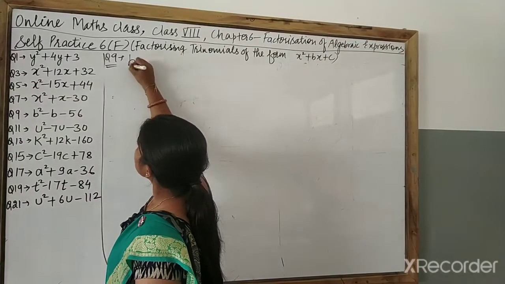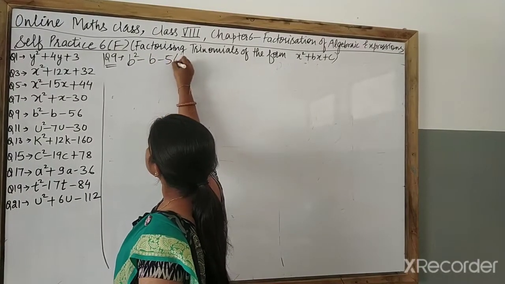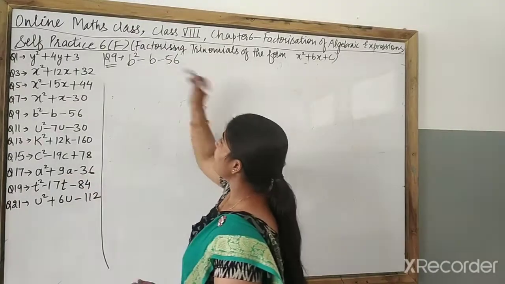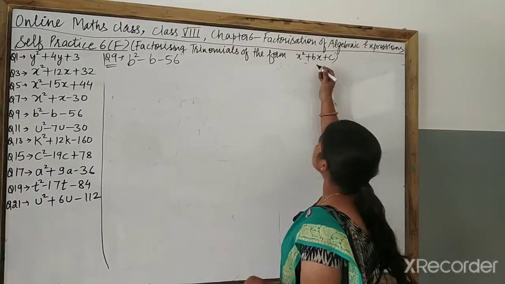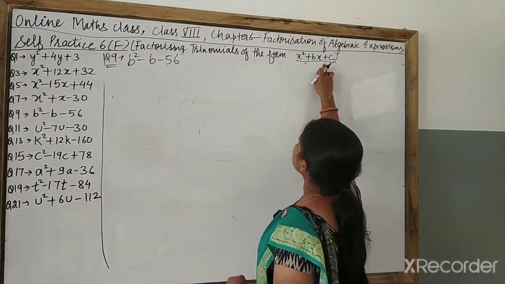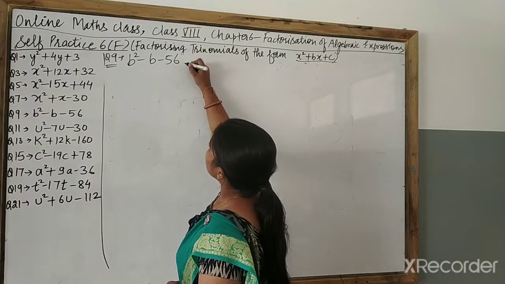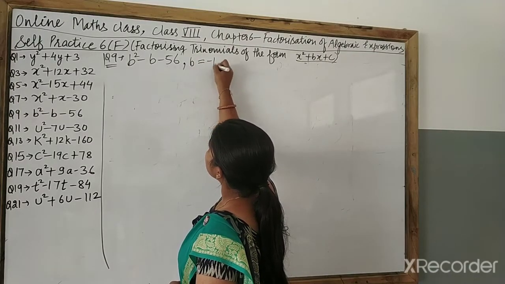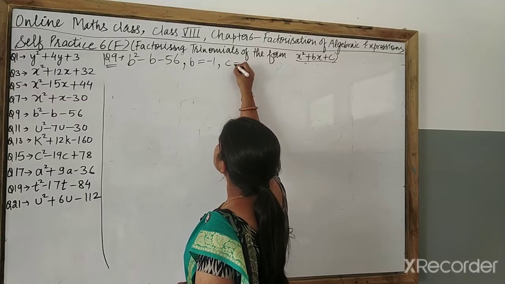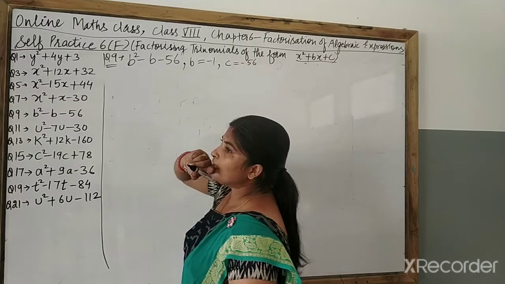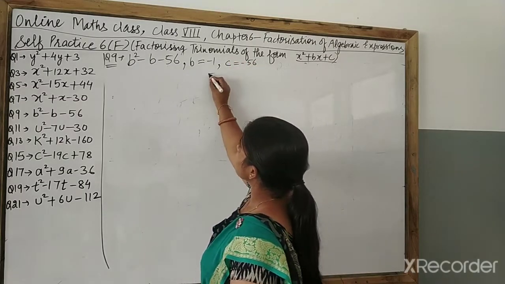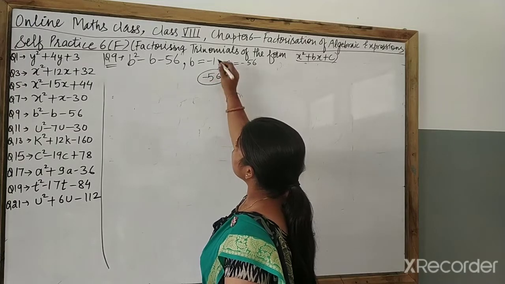What is it? B square minus B minus 56. Now we will do a little bit fast. Okay. Compare it with the standard form. This is your standard form, x square plus bx plus c. So what B have you got? B you have got is minus 1 and c you have got is minus 56.